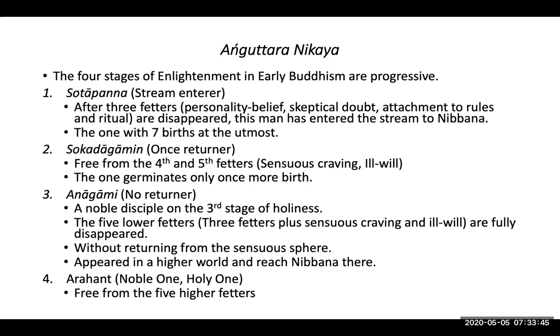And once you enter that route, we call that person Sotapanna, stream enterer. This stream enterer just follows the route by making an effort, by practicing, and then the next stage of that route is Sakadagamin, once returner, and continues to make an effort and then reaches the stage of Anagami.